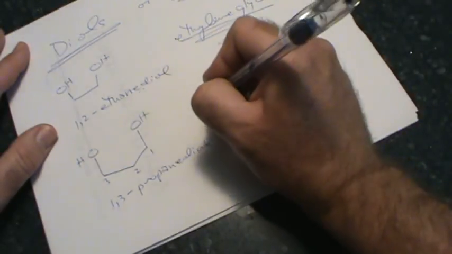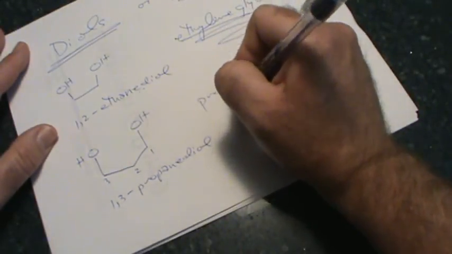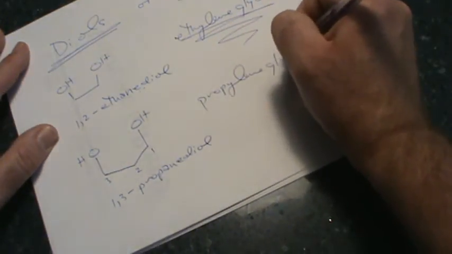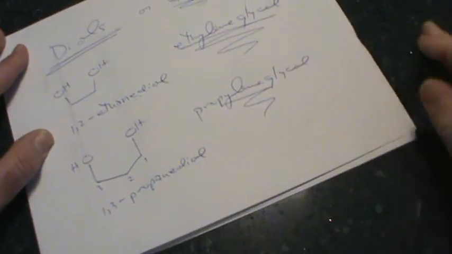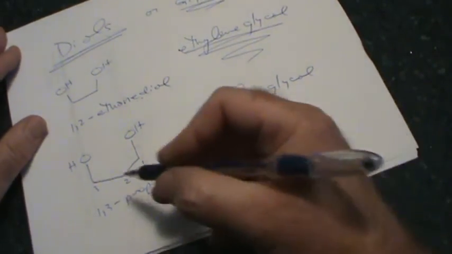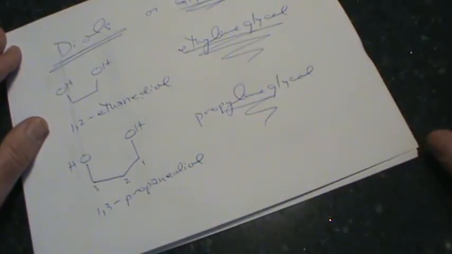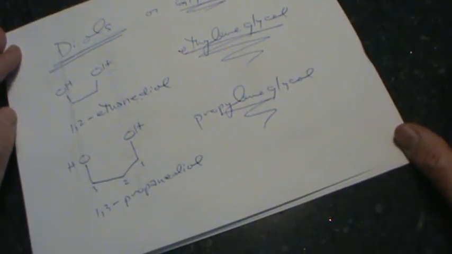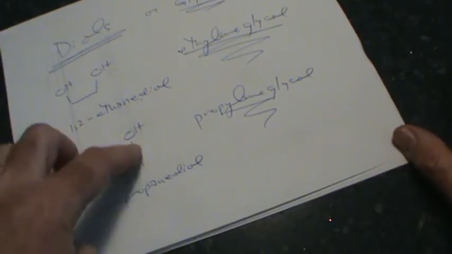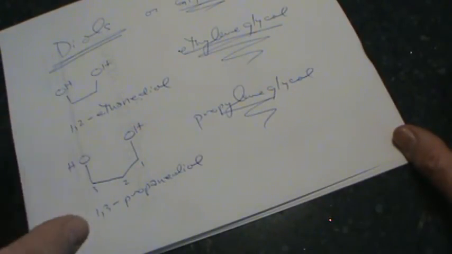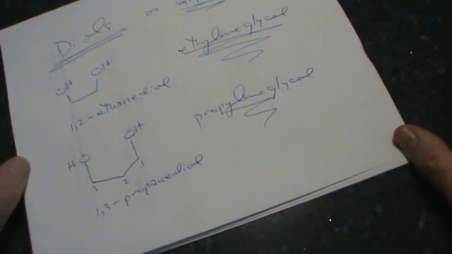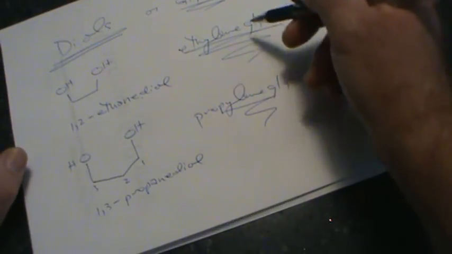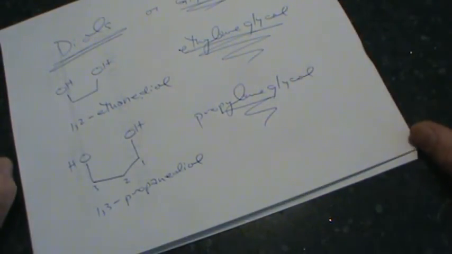This is also known as propylene glycol. Again, propylene doesn't make a whole lot of sense for this structure, but it's a historic name. Now, what you should know about diols or glycols is that there are these 2 alcohol functions present somewhere in the molecule. You should also know something about these particular 2 glycols or diols.